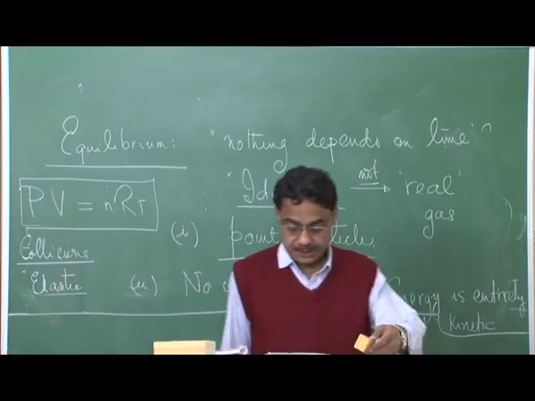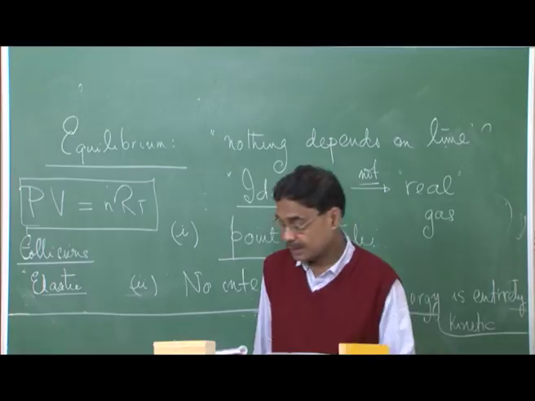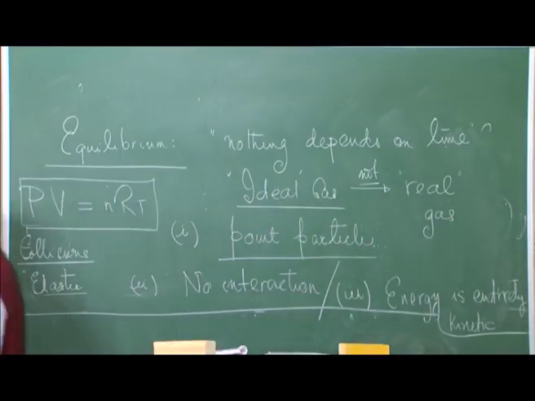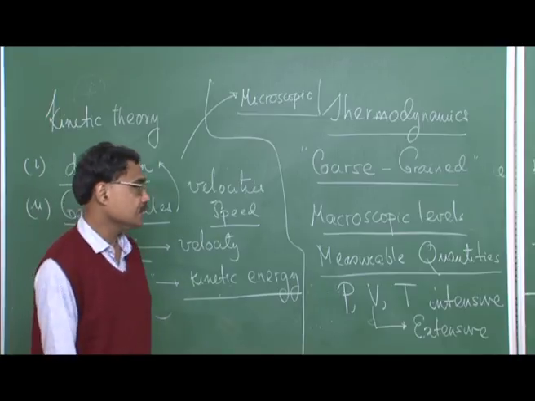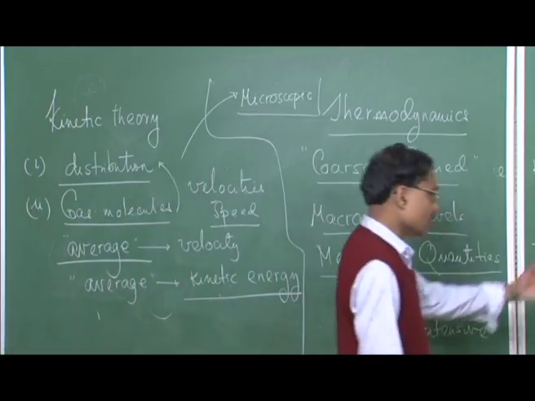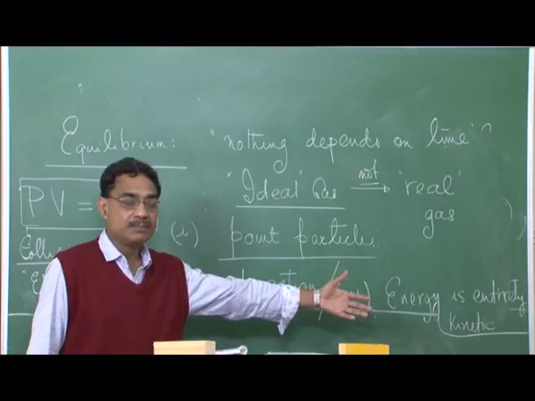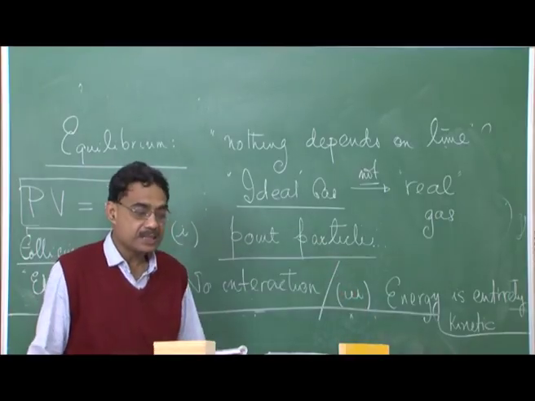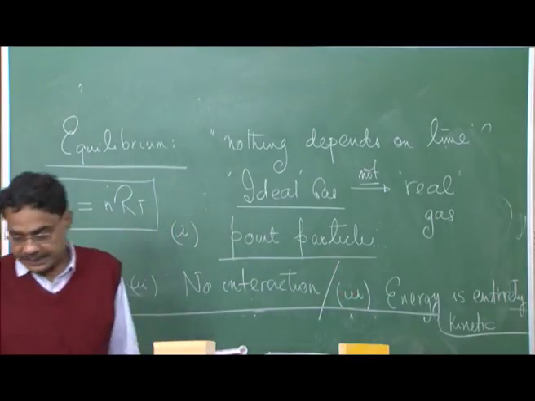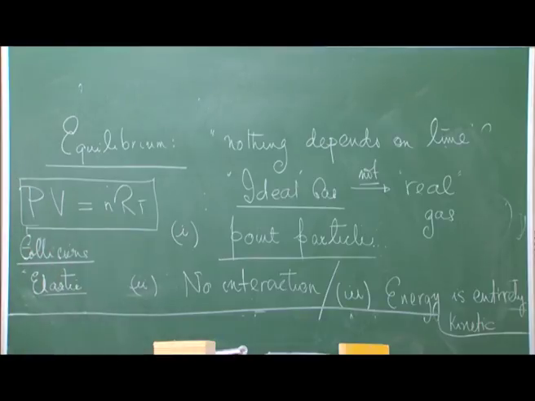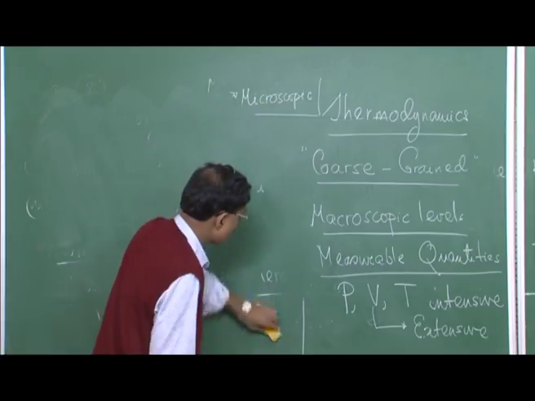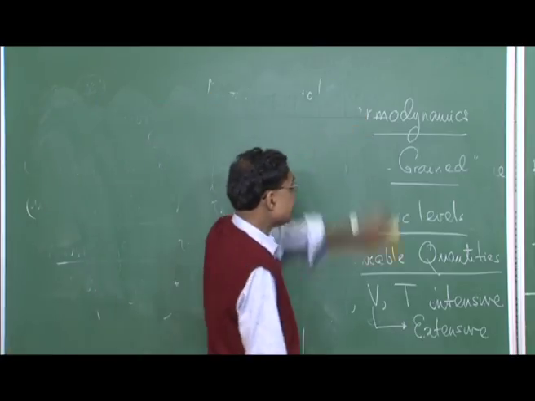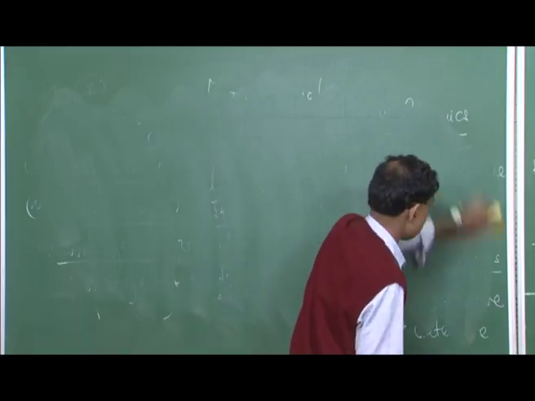Now, the question is whether I can have this type of ideal gas in nature. Well, the point is that I cannot get an ideal gas in nature, because these two conditions are never satisfied. But now, the question I am going to pose to you is, is there a situation when I can approximate a real gas as an ideal gas?